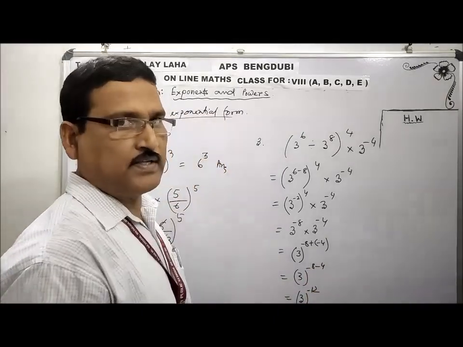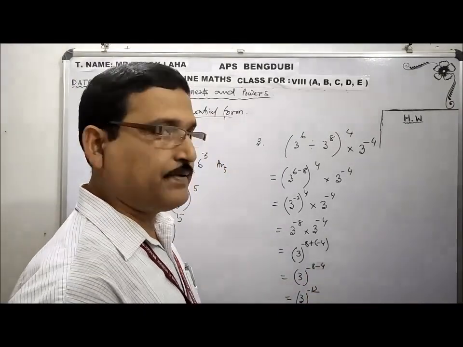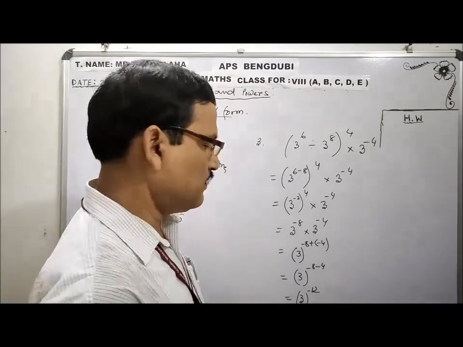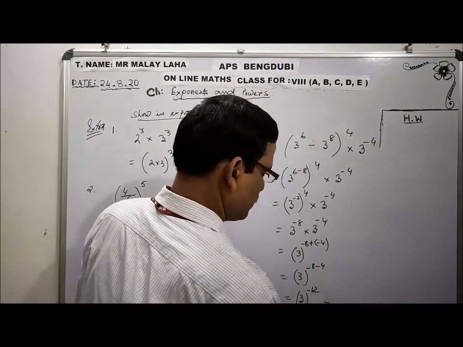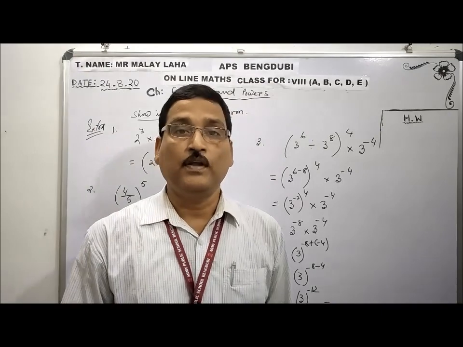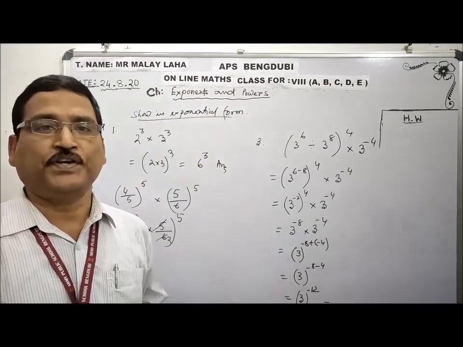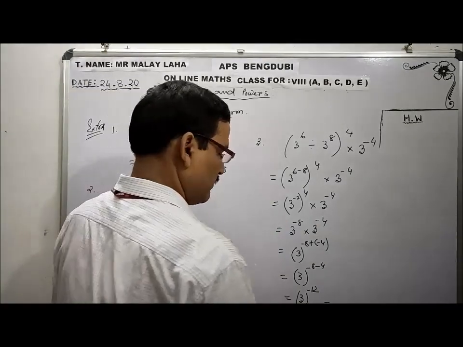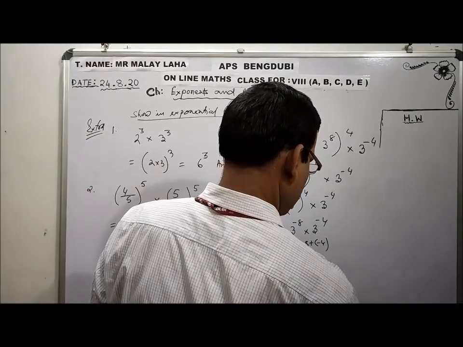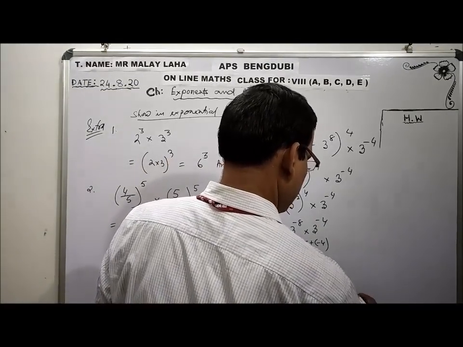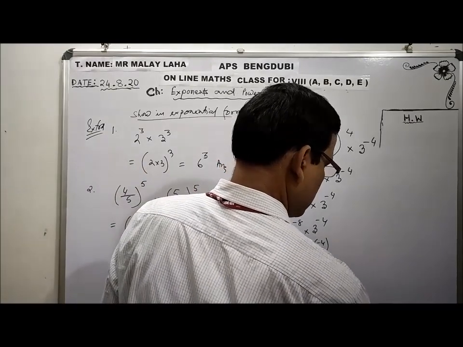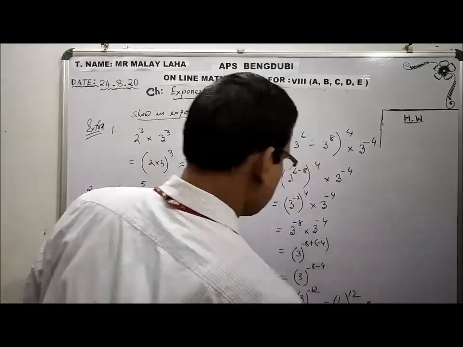But it is negative. When any negative exponent comes, it is your duty to show the result in positive form. When a negative part is there, just reciprocate the base, inverse the base. That means 1 by 3 raised to 12. This is the answer. You have to show the result this way.